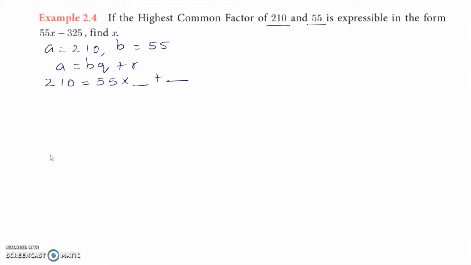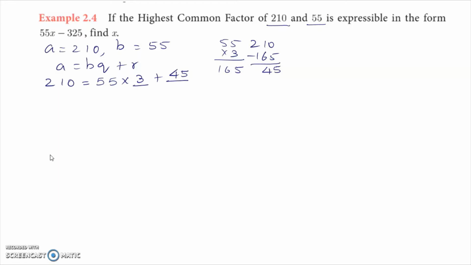So 55 times 3 will give us 165, and 210 minus 165 will give you 45.